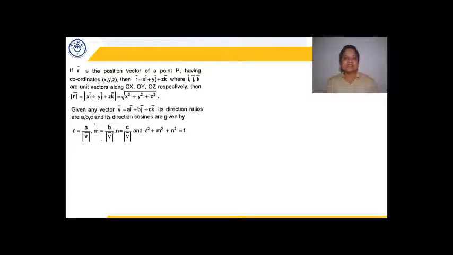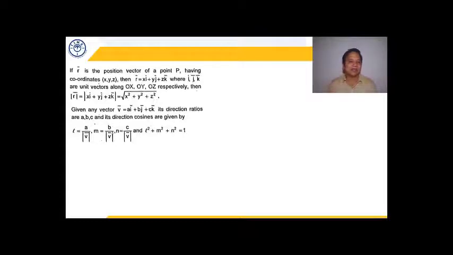Now for this vector, its direction ratios are a, b, c and its direction cosines are given by l is equal to a upon modulus of vector, m is equal to b upon modulus of the vector, n is equal to c upon modulus of the vector. Direction ratios are a, b, c and direction cosines are a upon modulus of v vector, m is b upon modulus of v vector, n is c upon modulus of v vector.